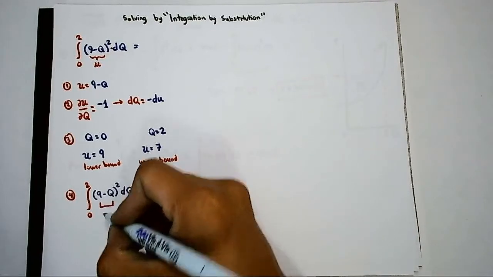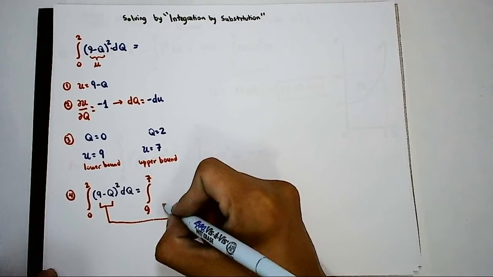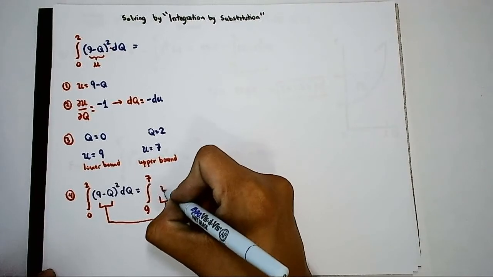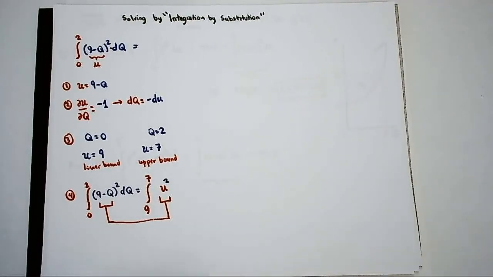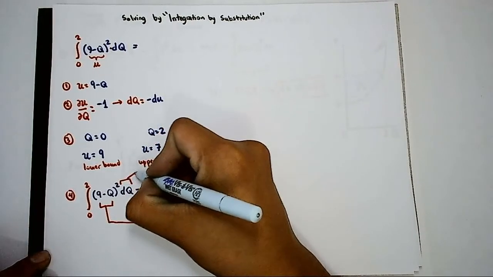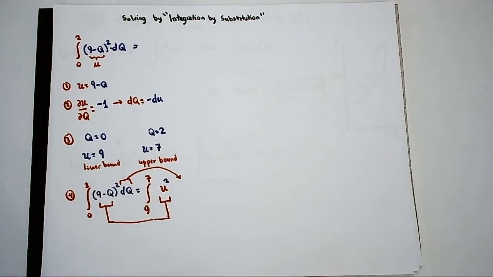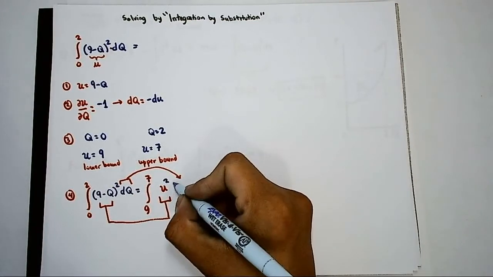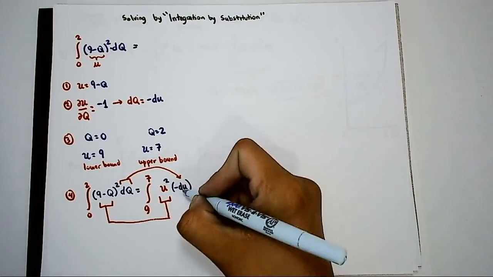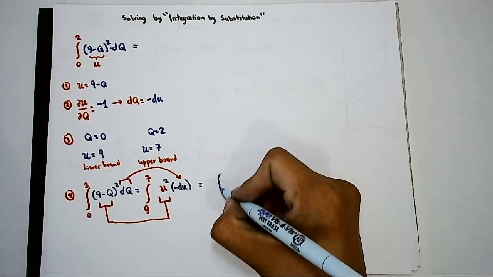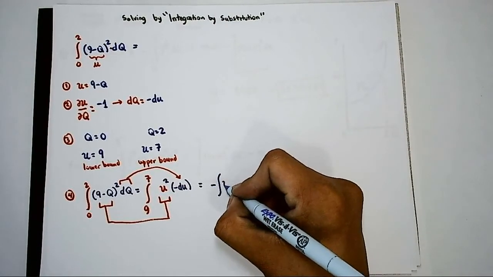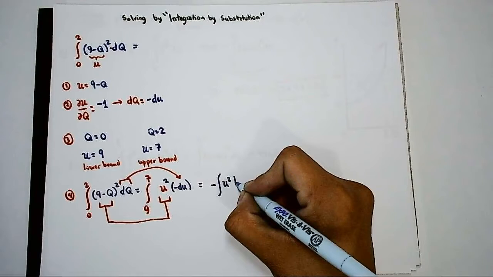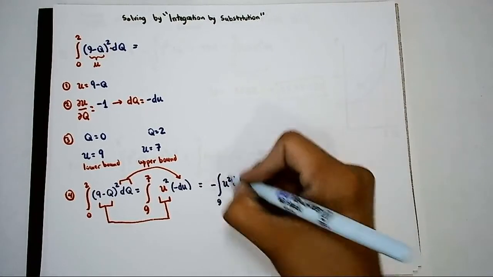Then 9 minus q is our u, which is squared, and dq is equal to negative du. Let's move this negative to the front. So we have here u squared du from 9 to 7.